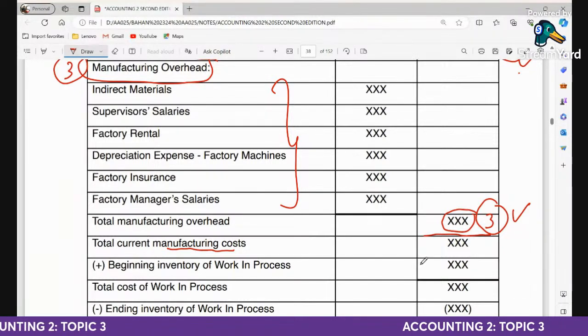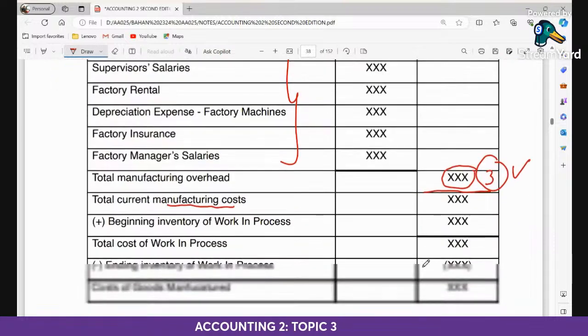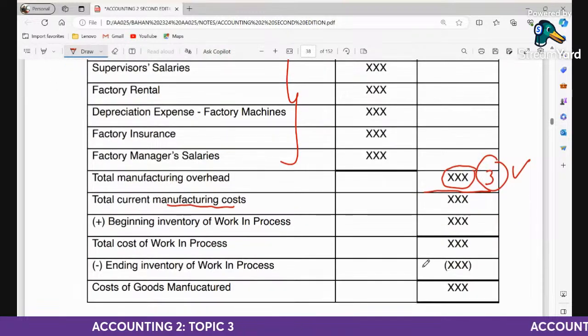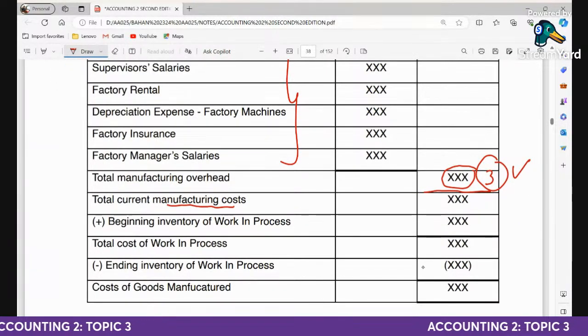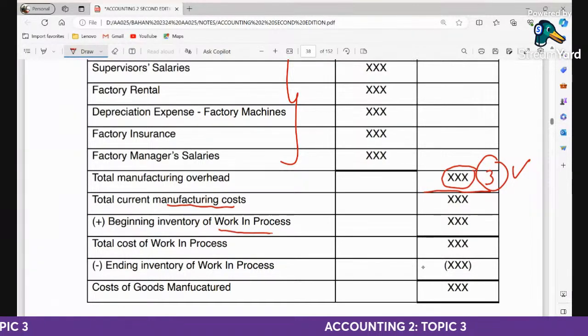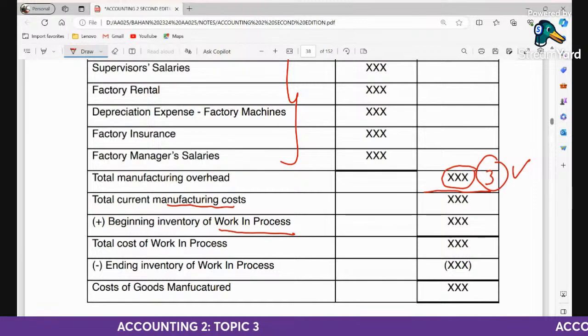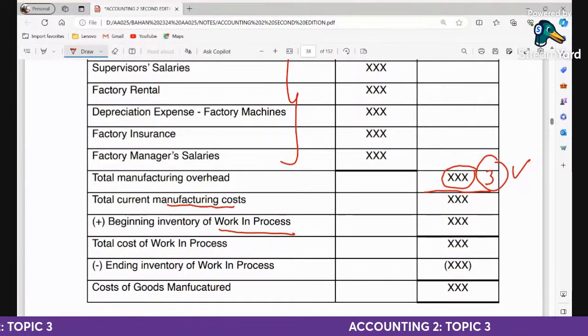Tetapi masa kita buka akaun tahun tersebut, awal tahun, mesti ada baki kerja yang belum siap daripada tahun sebelumnya, which is your beginning inventory of work in process.